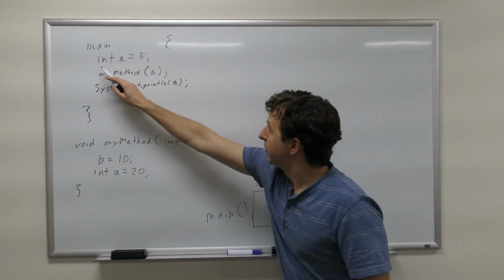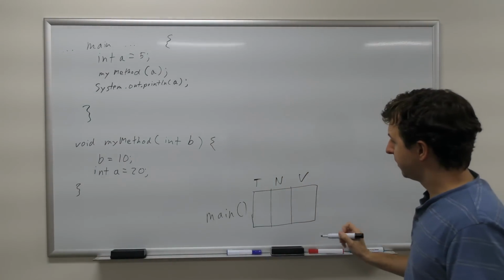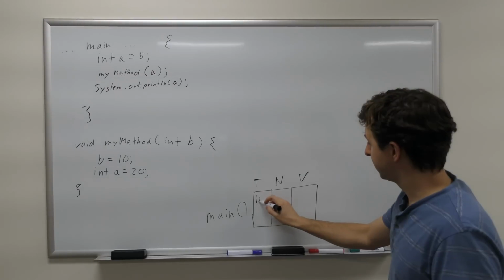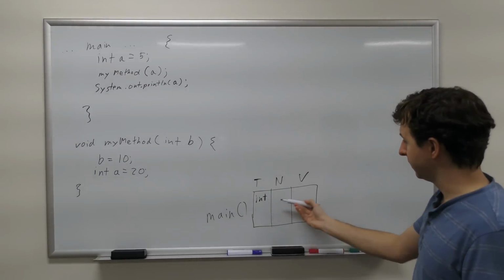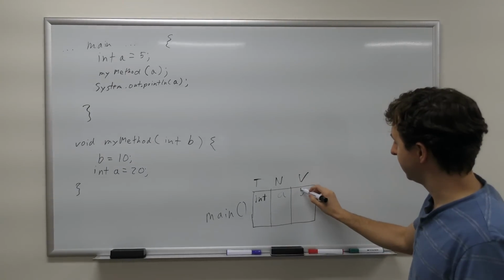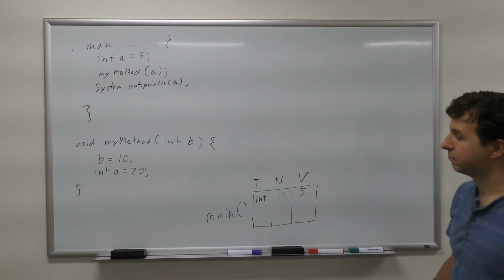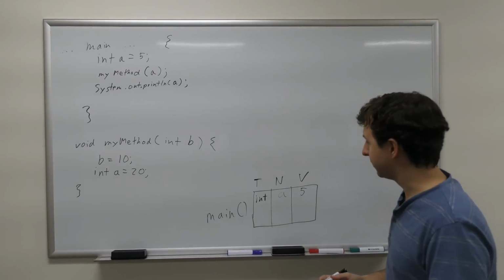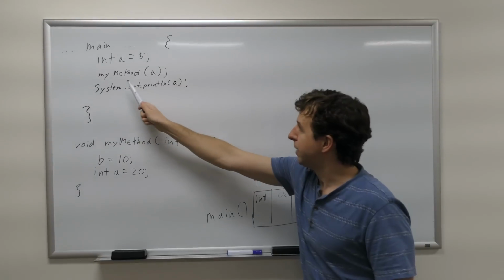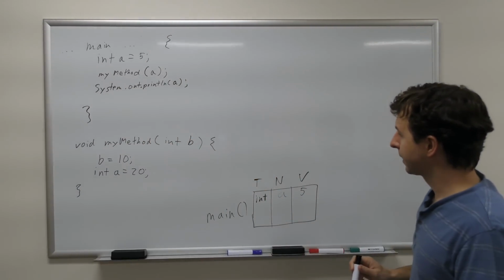So let's take this variable here, int a equals 5. When this code is run, we have an int variable placed in the first entry. Its name is a, and its value is 5. Okay, easy enough. The next line of code, a method call to my method sending it a.